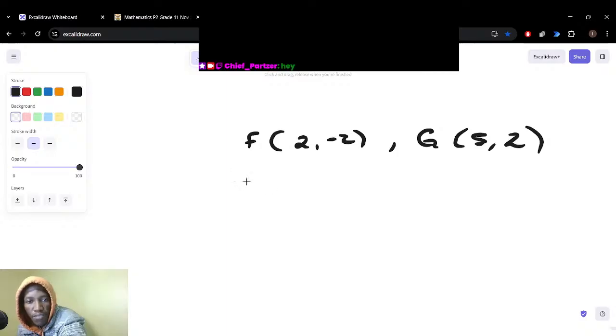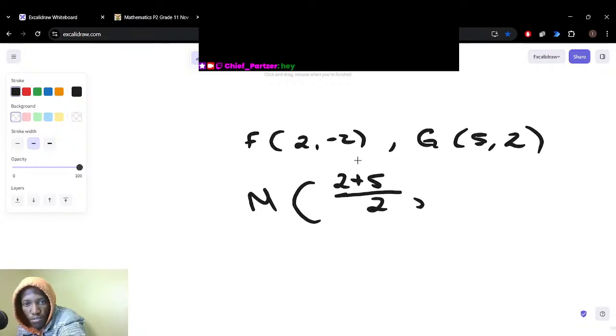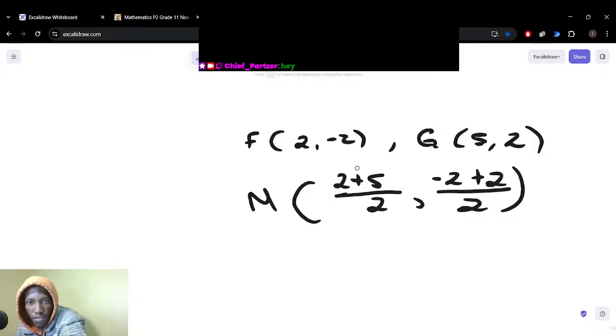So if N is a midpoint between F and G, the coordinates of N are 2 plus 5 over 2, and minus 2 plus 2 over 2. When you simplify, 2 plus 5 over 2 gives you 7 over 2, which is 3.5.